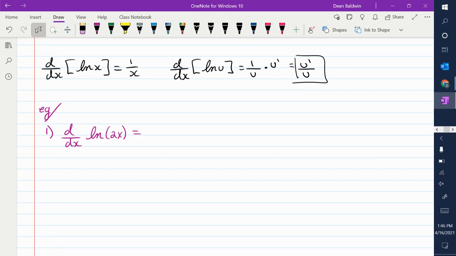Essentially, you take what's inside the natural log, you put it in the denominator. What goes in the numerator? The derivative of 2x, which is 2. What happens to the 2's? And you're left with 1 over x. That is it. That's how you do natural log derivatives.